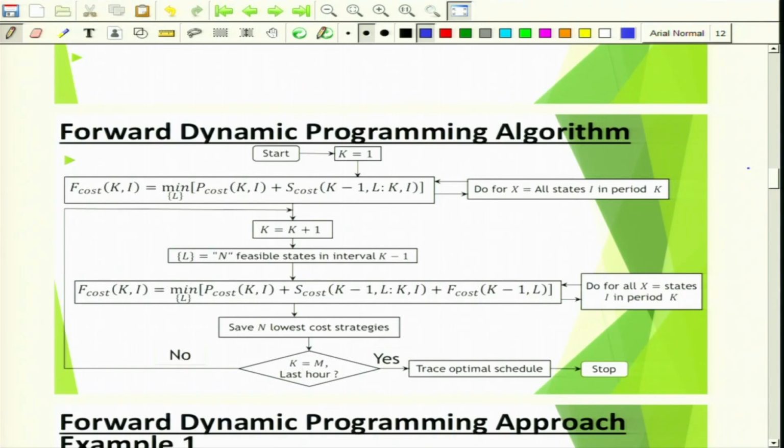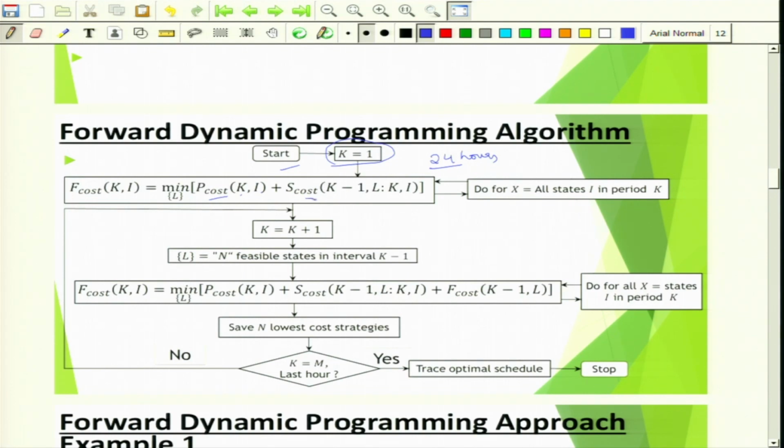Now this is the algorithm. Now we start it. Let's say this is the first hour. Okay, that means you need to, let's say, schedule for 24 hours. This is the first hour. In the first hour, there is a production cost at the first hour with the ith combination, right?